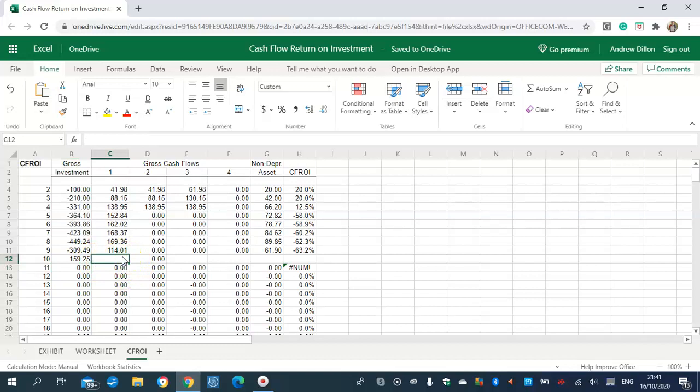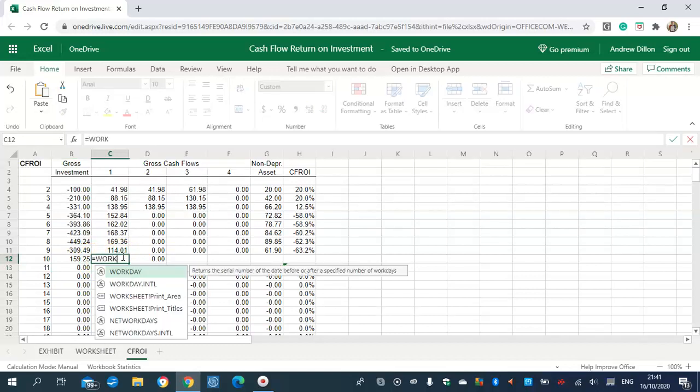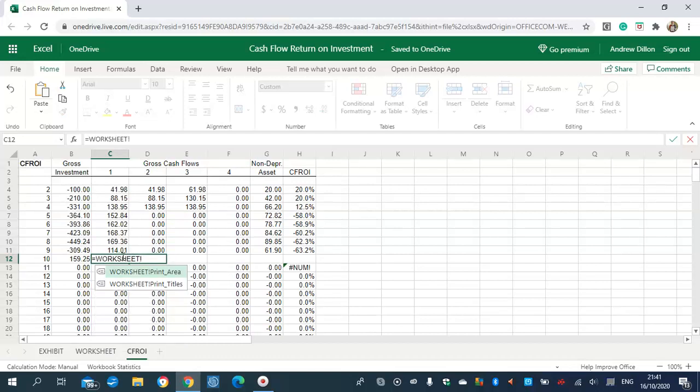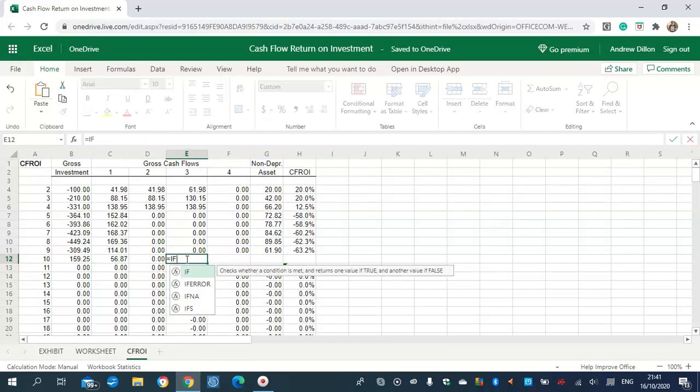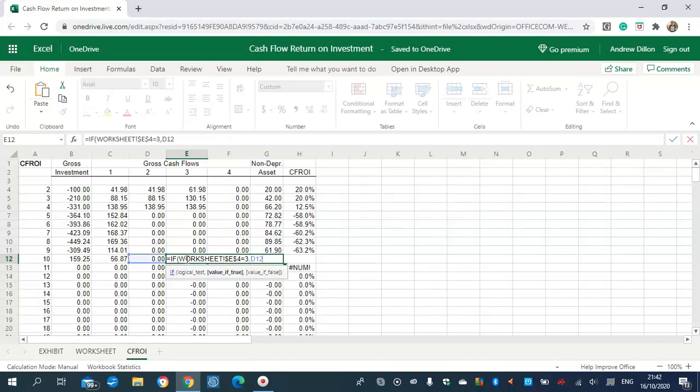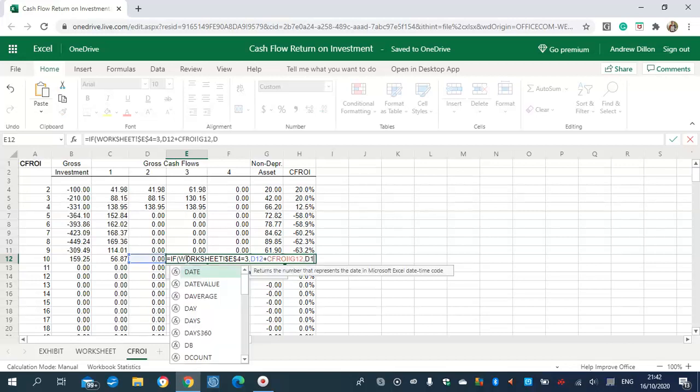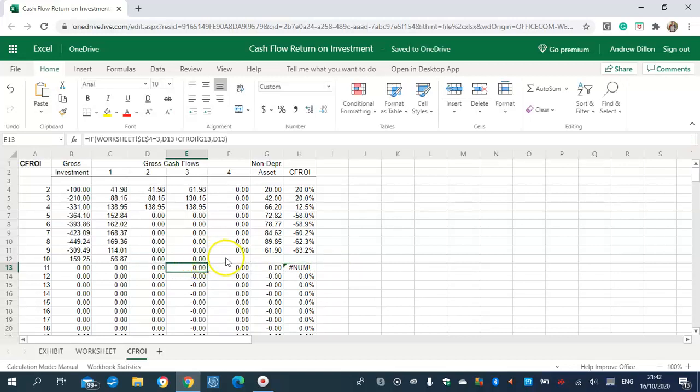Gross cash flows 1 to 10. Gross cash flows 3 to 10. Okay, gross cash flows 4 to 10.